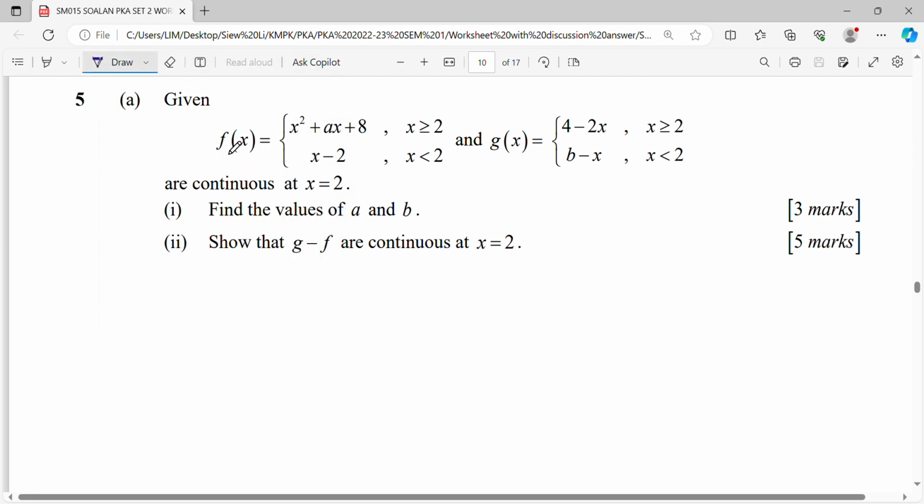Given function f(x) is a piecewise function and g(x) is also a piecewise function, both continuous at x equals 2. When we have a piecewise function, it will be easier for us to observe the function by drawing out its interval.